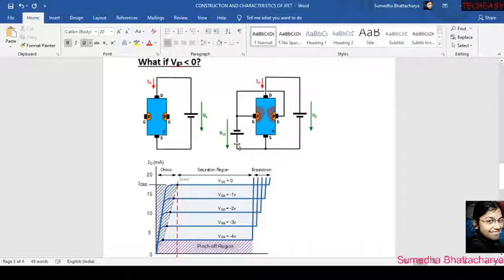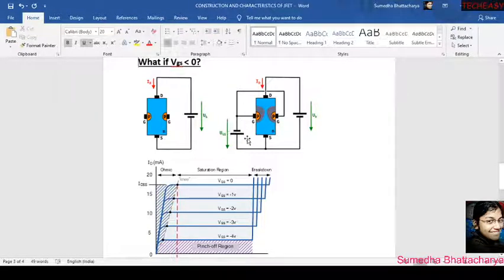So what will happen? The depletion region already used to be created because of the PN junction. But after giving the VGS voltage, the depletion region will increase, the same as we discussed in the previous class with the help of VDD, but here not because of VDD, since we are considering only VGS.